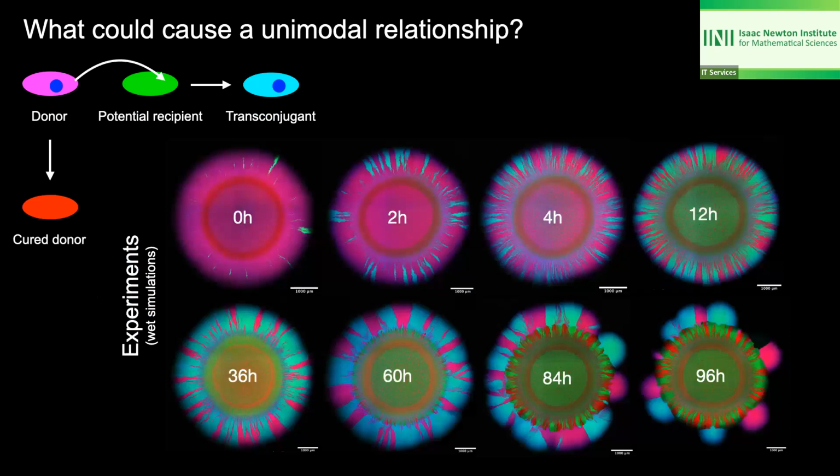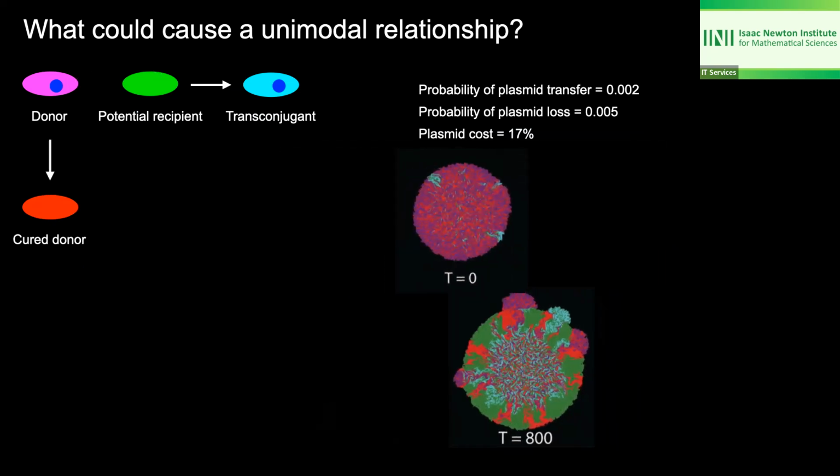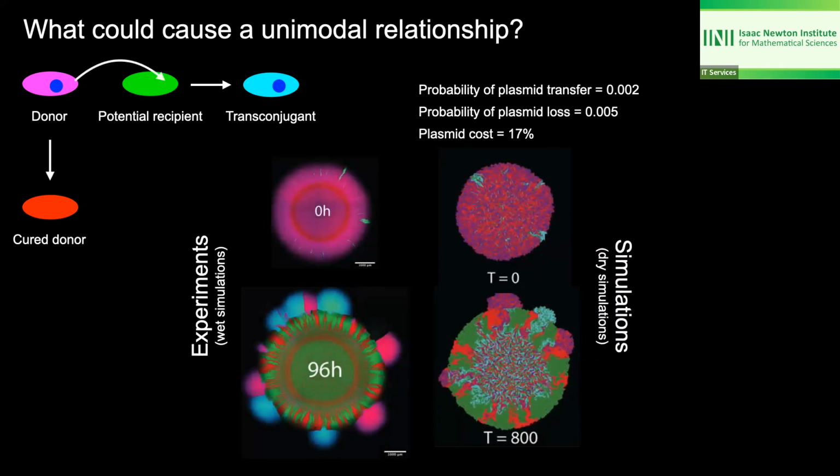And so just to go back, I'll show you the experimental data again, and here are our simulations. What we did is we applied this experimentally measured plasmid cost, and then we knew in our system that the plasmid loss probability is much higher than the plasmid transfer probability. So we toyed around with this to basically eyeball match what we see experimentally. And you can see that doing this, we can get simulations that match our experiments quite well.